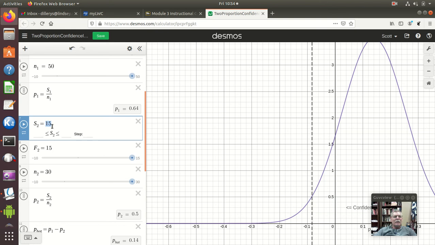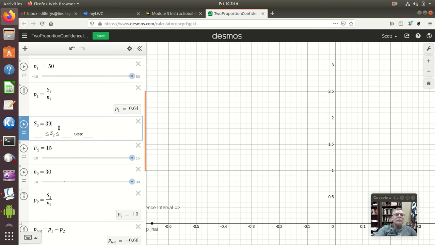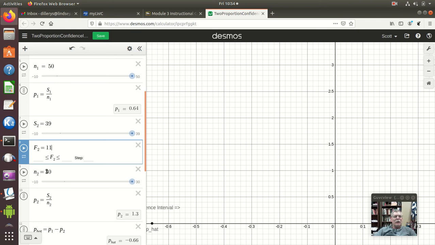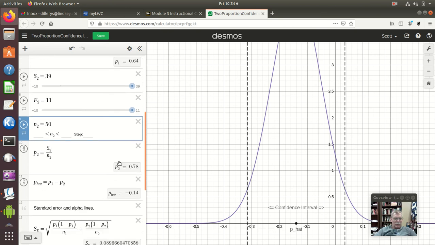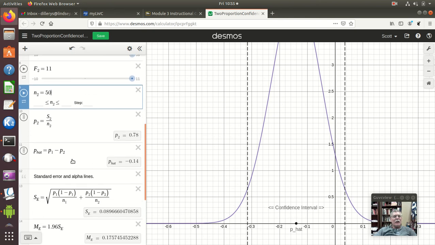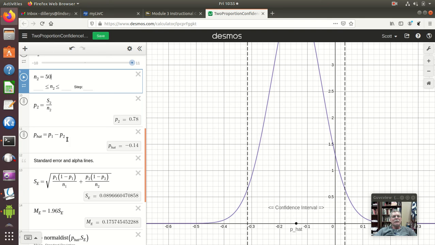And then our after was 39 successes with 11 failures, for a total of 50, and there's our 0.78 for that one. And now this did P1 minus P2. It always just does P1 minus P2, so it gave us a negative 0.14.